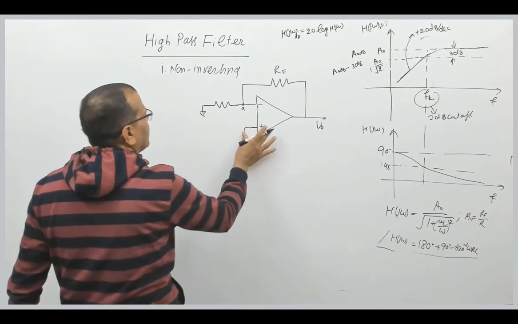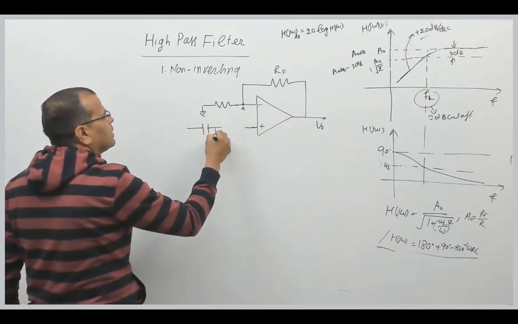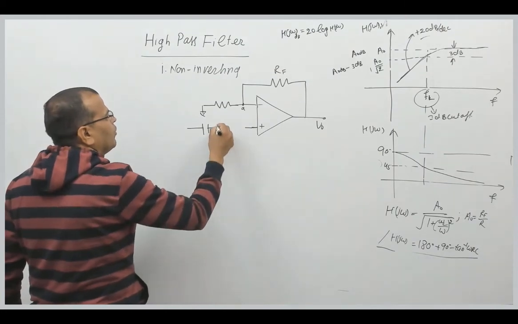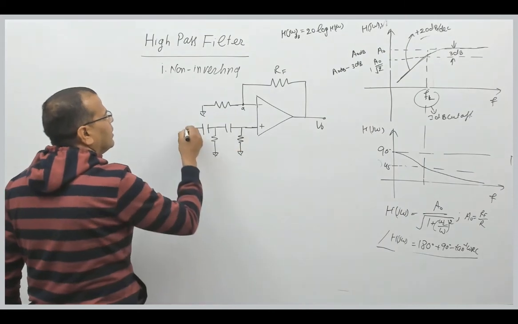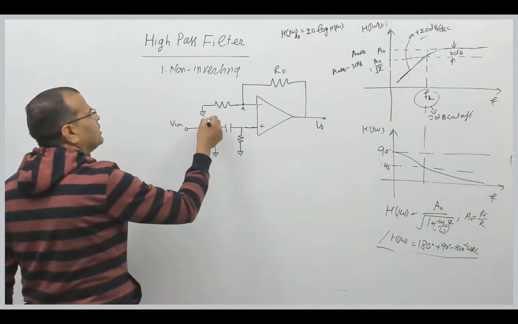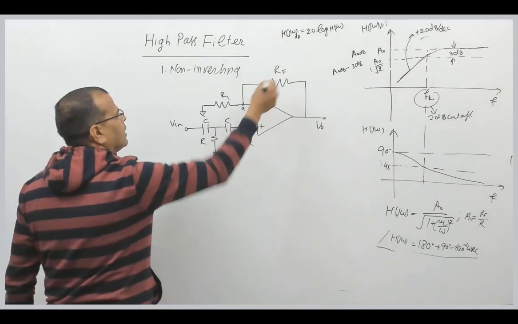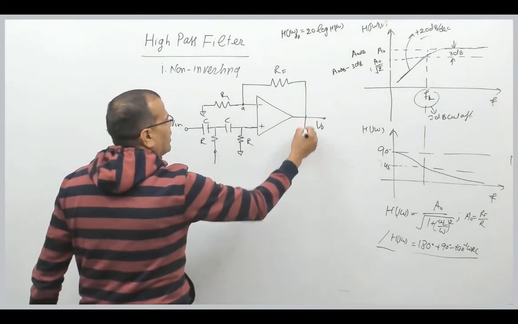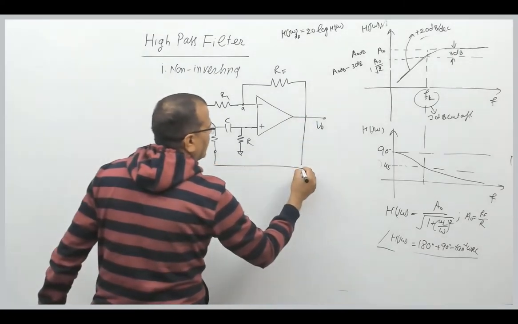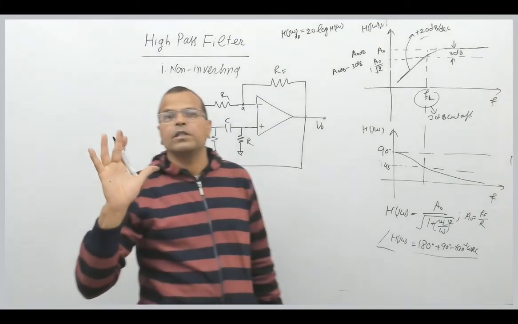In the second order high pass filter, we have an RC first stage and an RC second stage, like this. This is input, this is C, this is C, this is R, this is R, this is R1, that is RF, and the first stage resistance bottom is connected to the output. So this is called the second order high pass filter.